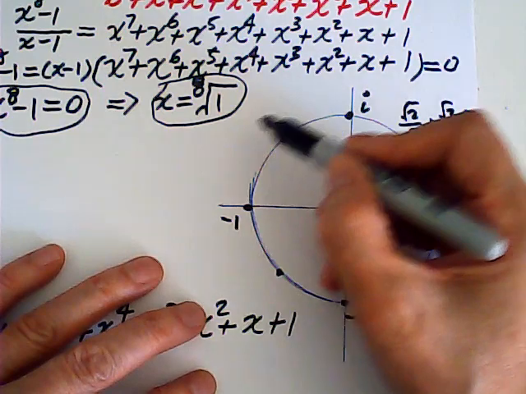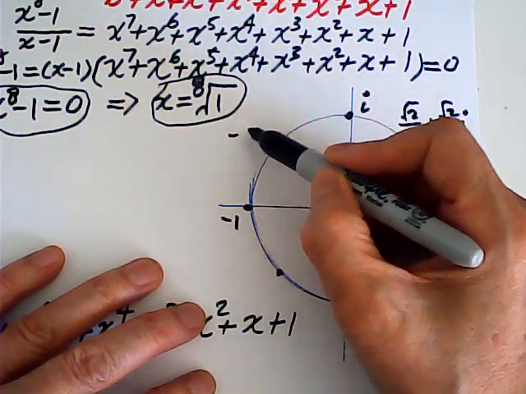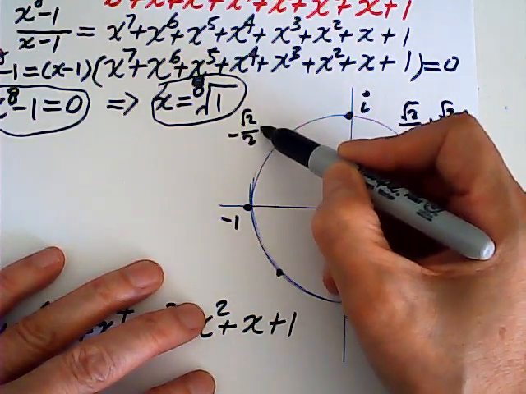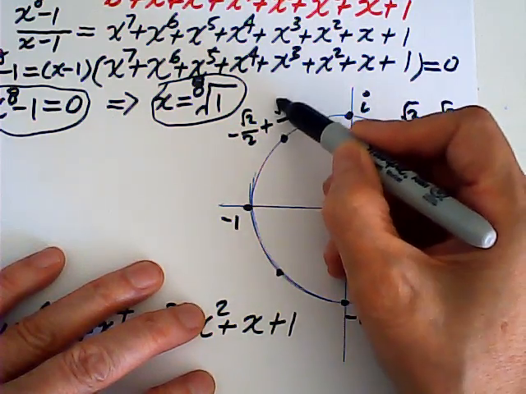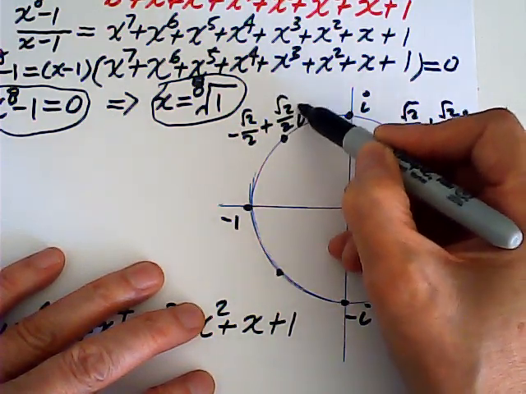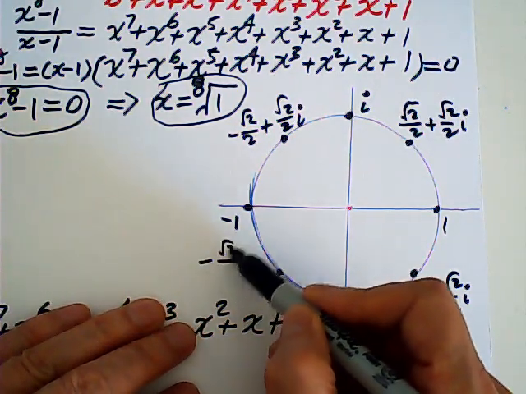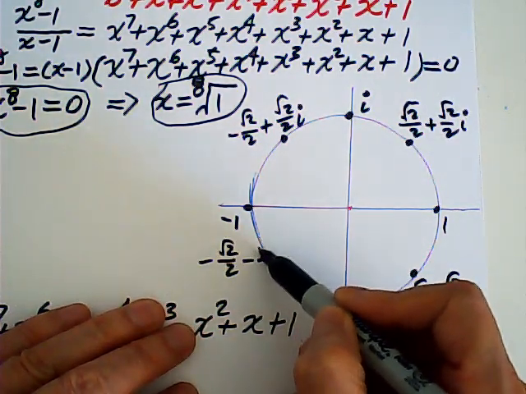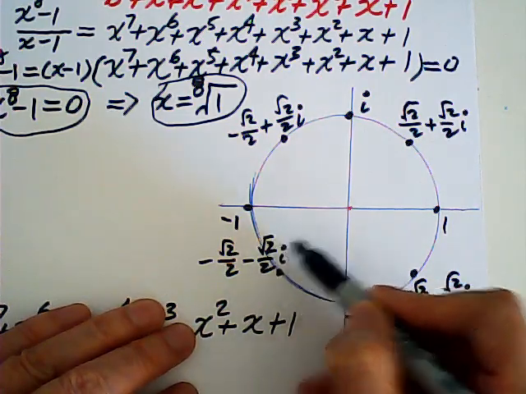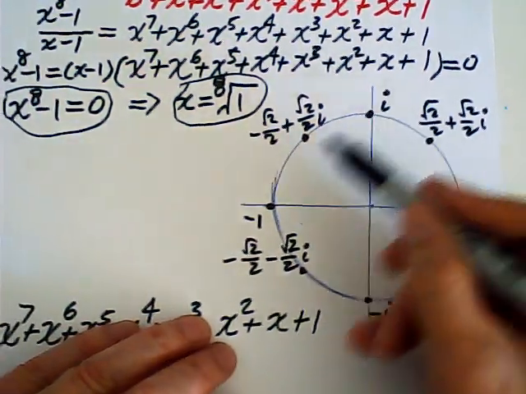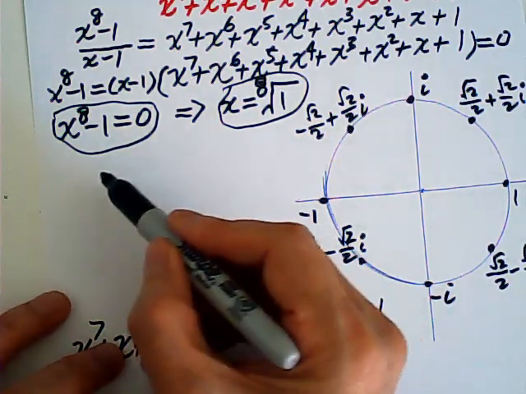And this one will be negative root 2 over 2 plus root 2 over 2 i. This one will be negative root 2 over 2 minus root 2 over 2 i. So you have 8 roots.